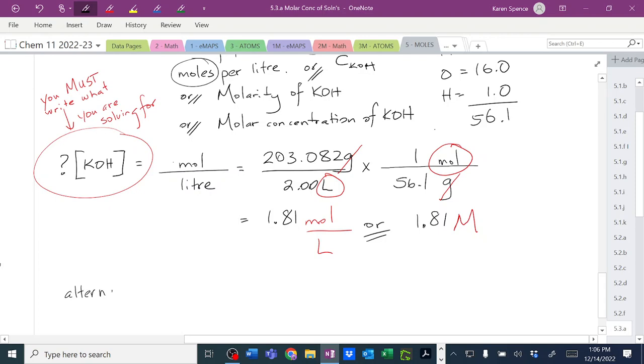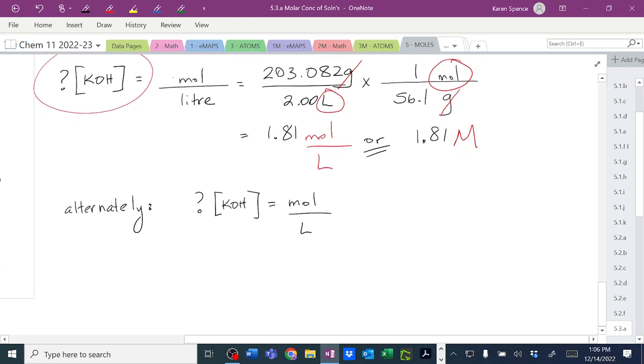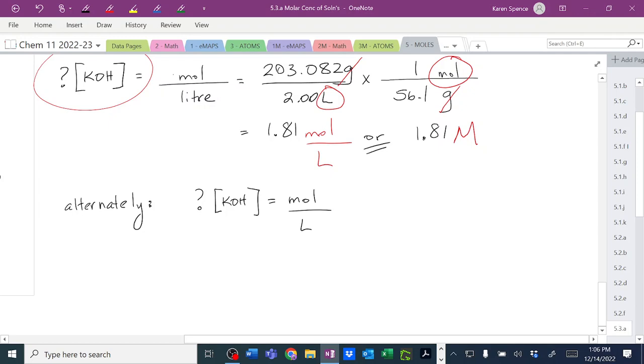Alternately, you can say, I need to find the concentration of KOH, and I know that I need to find my moles per liter, but I don't actually have moles. So I need to first of all find my moles of KOH so that I can put it up here.